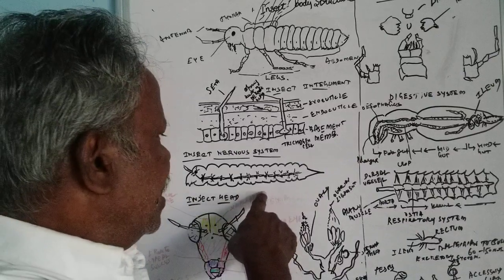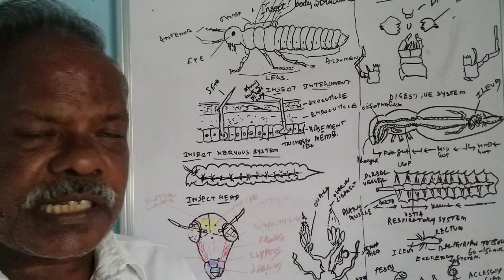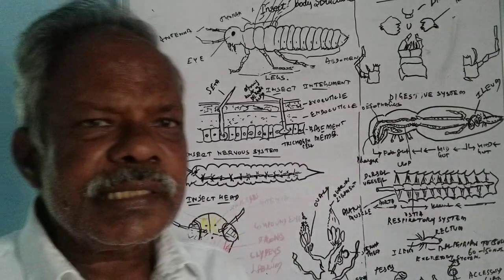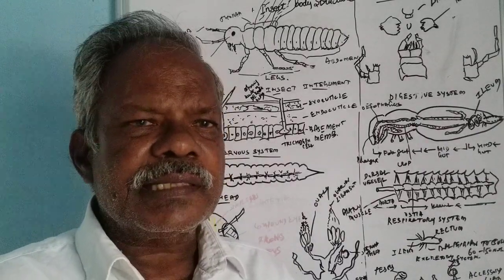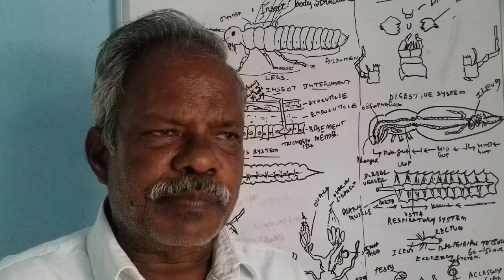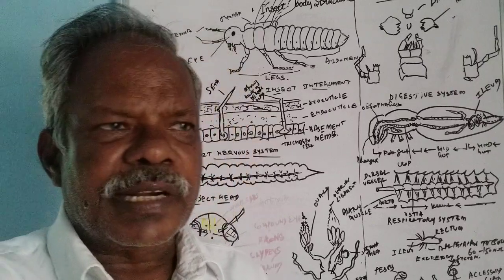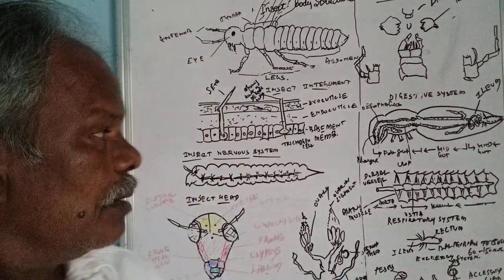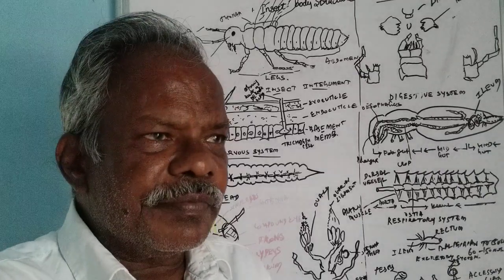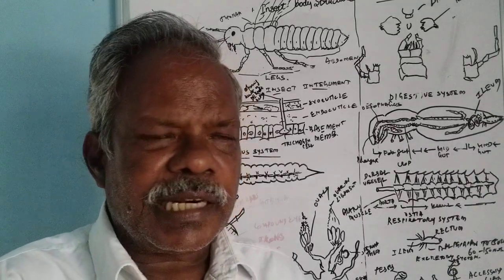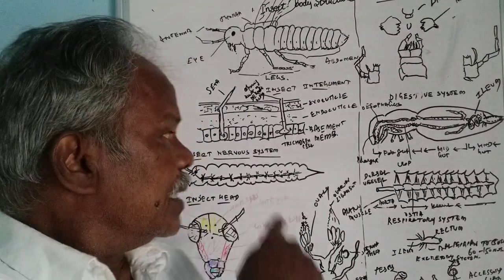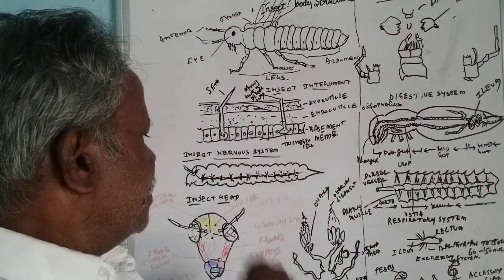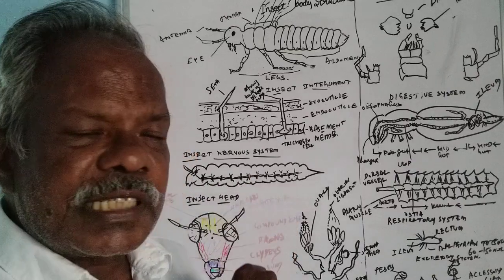Then coming to the insect nervous system. The insect nervous system consists of ganglia, the brain and the double ventral nerve cord. In human beings we have the central, peripheral and sympathetic nervous systems, but the insect nervous system is very simple.